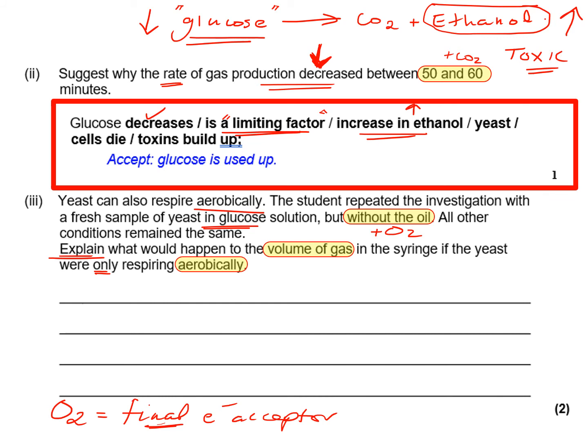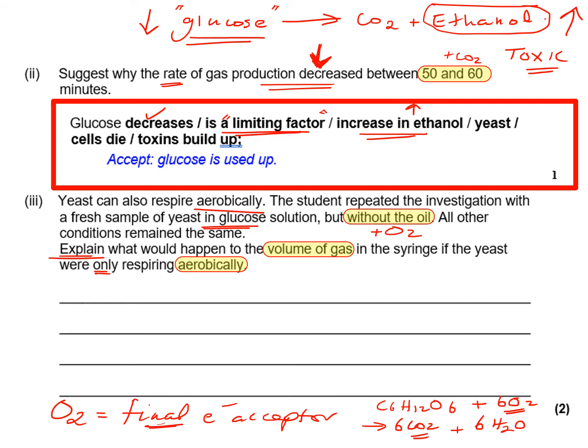So if we just write out the balanced chemical equation first, which you should always do, C6H12O6 is glucose, plus 6 molecules of oxygen will produce 6 molecules of CO2 gas, plus water that's formed from the oxygen, plus electrons and protons.